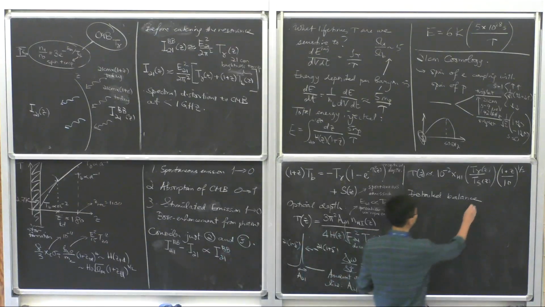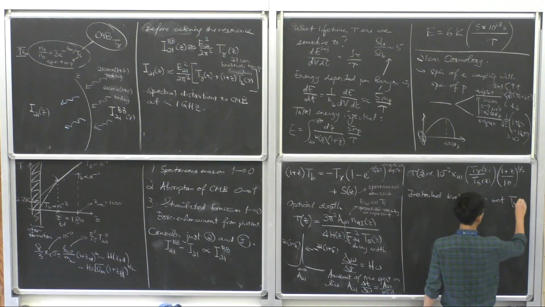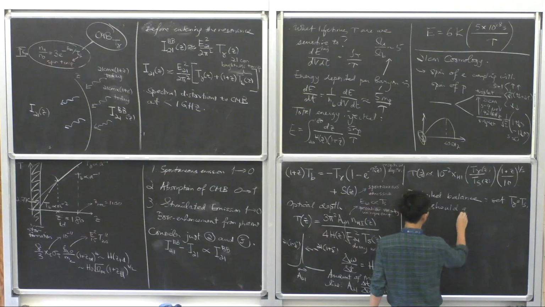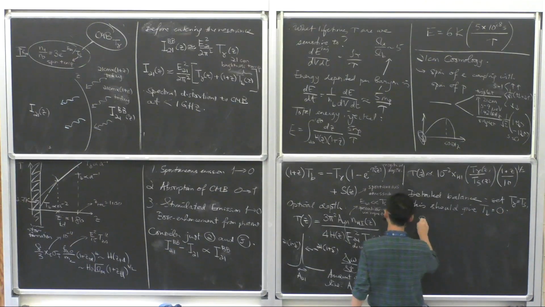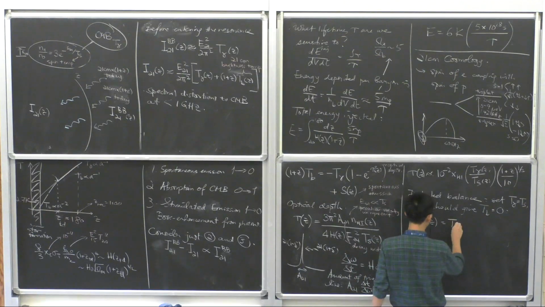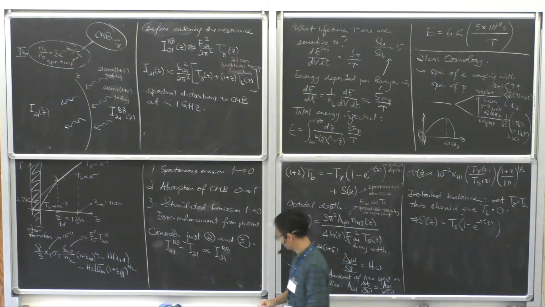And so from detailed balance, set T gamma equals TS. This should give TB equals 0, and therefore S of Z is equal to TS times (1 minus e to the minus tau of Z). Okay?